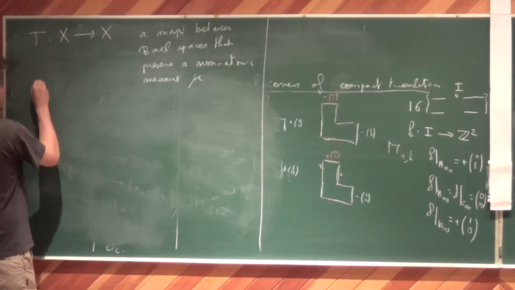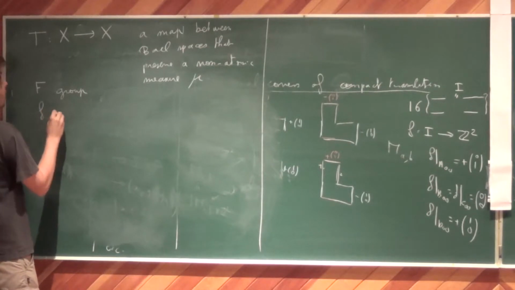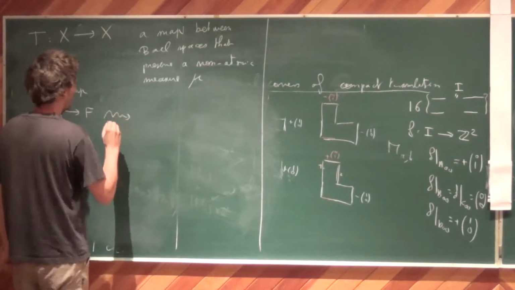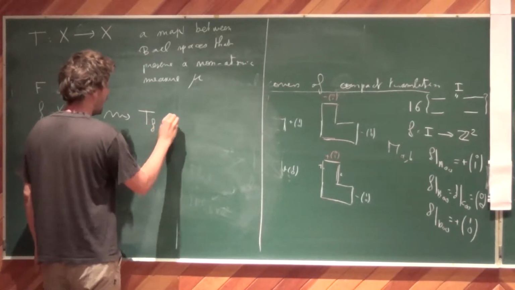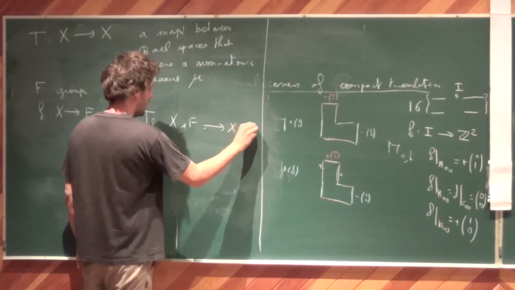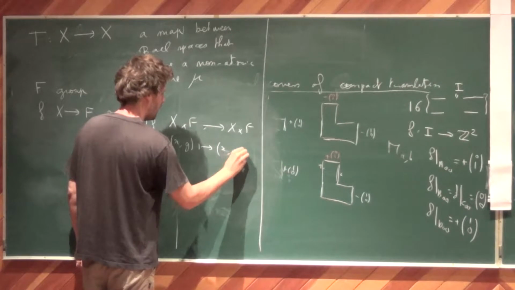And so given a group F, and given a map from X to F, we can build the skew product, as I did before, from X times F to X times F, given by (x, g) is mapped to (Tx, g times φ(x)).